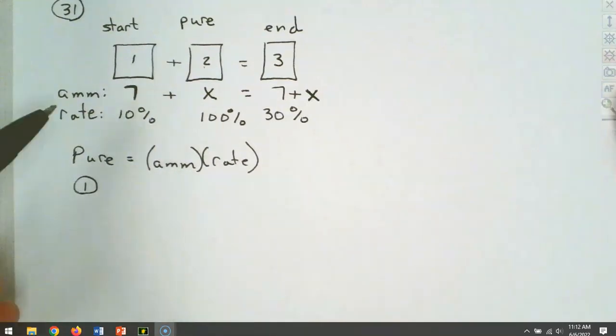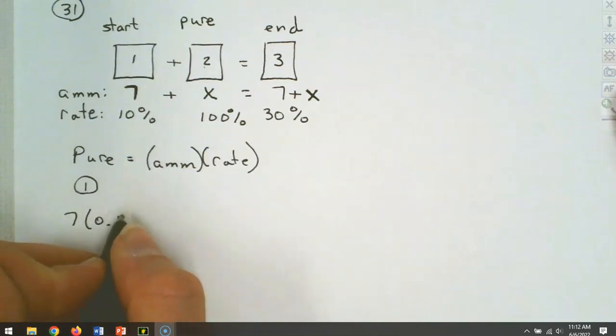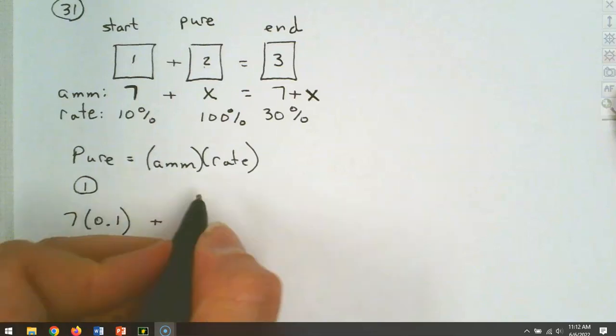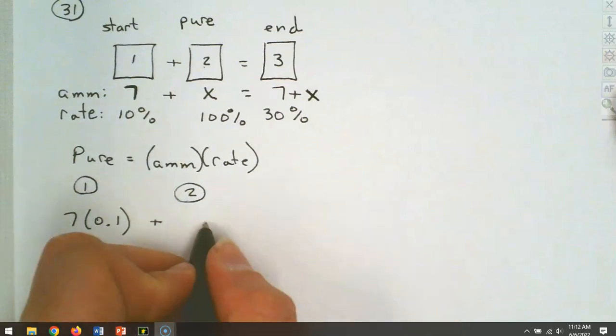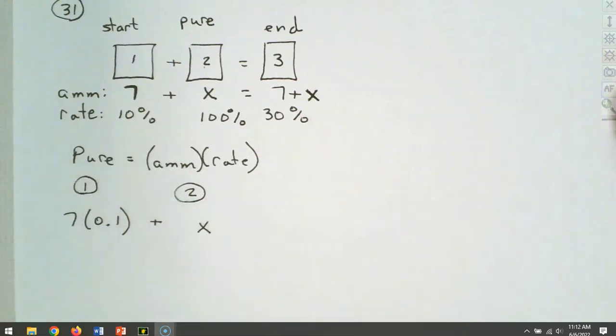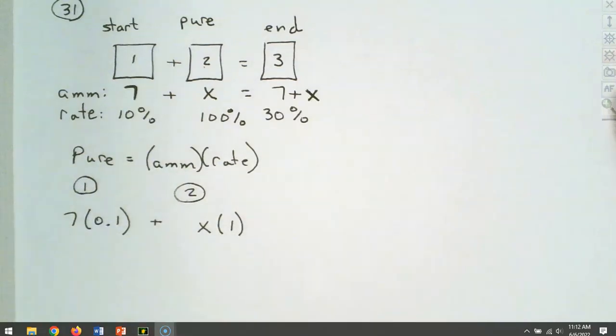So let's look at our first one, amount times rate. So that's 7 times 0.1. Second one, unknown amount x, percentage rate is 100%. 100% as a decimal is 1.